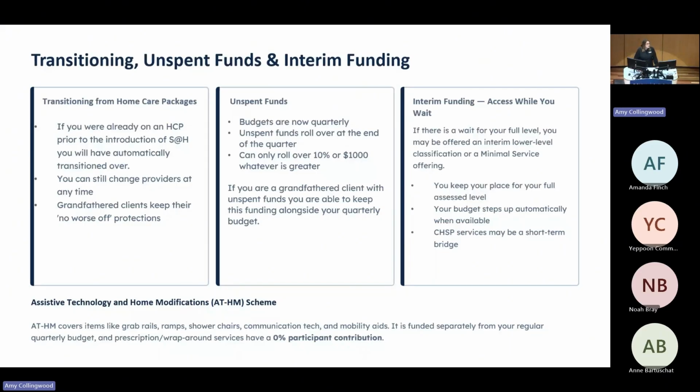So always explain exactly what you're struggling with at home, or if you've thought about that chair that you think you need, but you haven't quite got round to looking for one, or you can't quite afford one, it's really important that you talk to them about it when you have your assessment. AT-HM funding ranges anywhere from $500 on a low, $2,000 on a medium, and then up to $15,000 for a high.